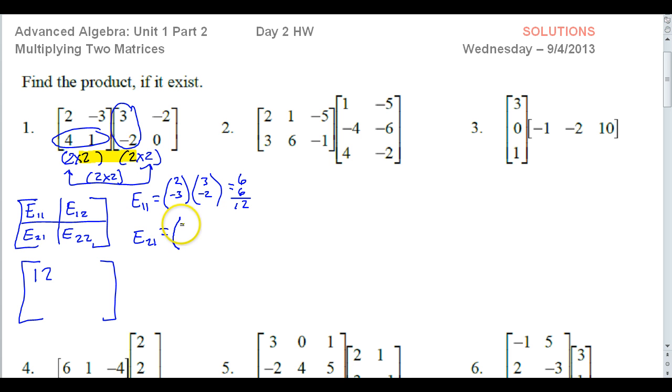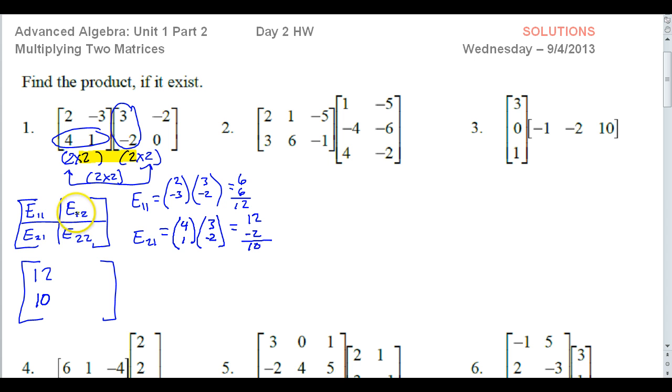So that's going to be 4, 1 times 3, negative 2. And that is going to give me 12, I'm multiplying, and negative 2, which is 10. So that gives me this element, which is 10.